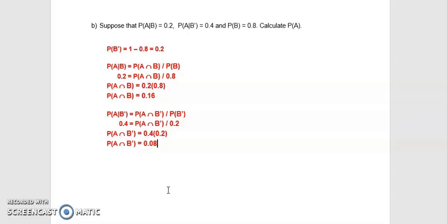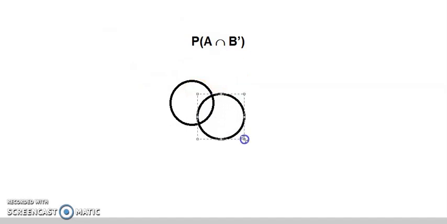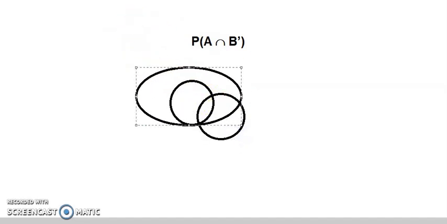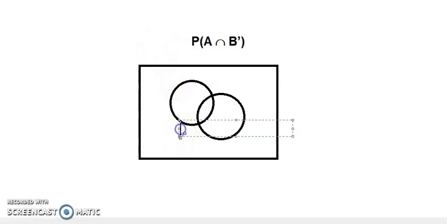Now let's draw the Venn diagram and find where the area A intersect B prime is. Draw a circle for A and then for B. So this is A, and this is B. What is B prime?